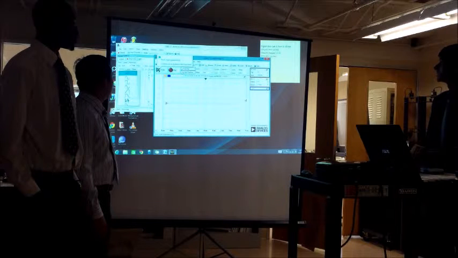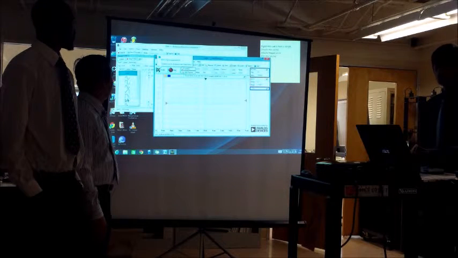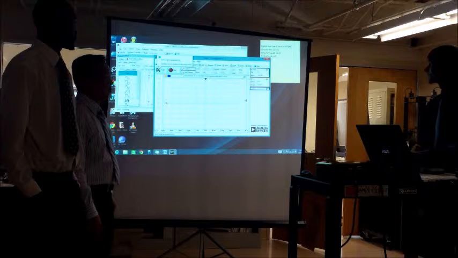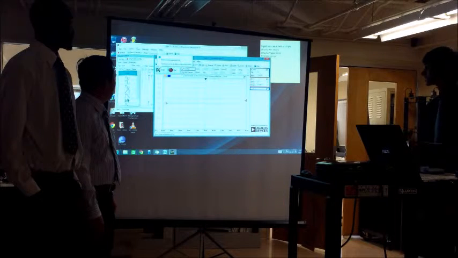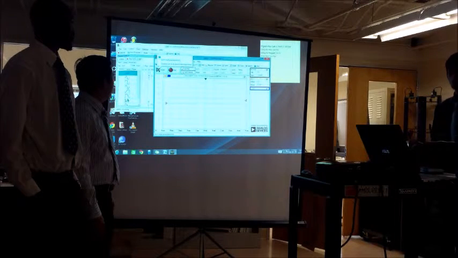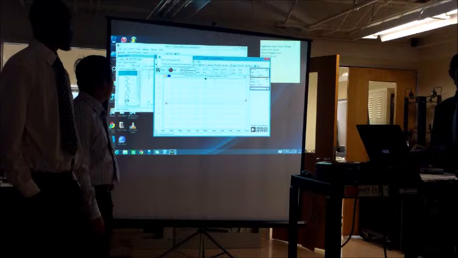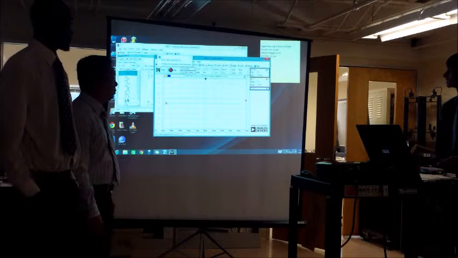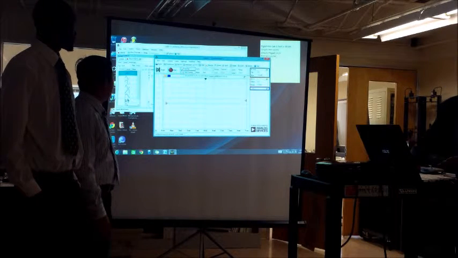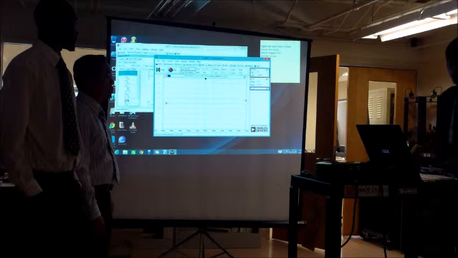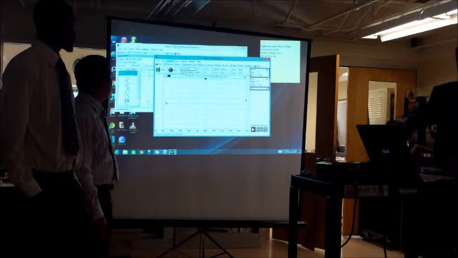So this is our DC analysis. As you see, when light hits it, the voltage increases to 2 volts, and when we close off all light, the voltage goes down to 0 volts, so it's detecting light. And then if we go to our AC, the other window.